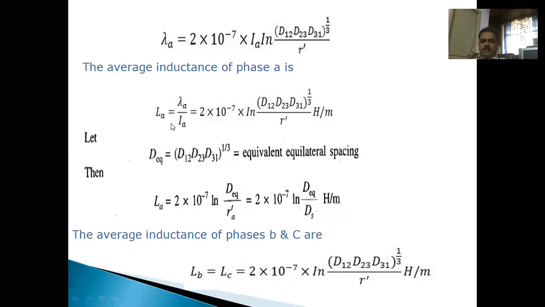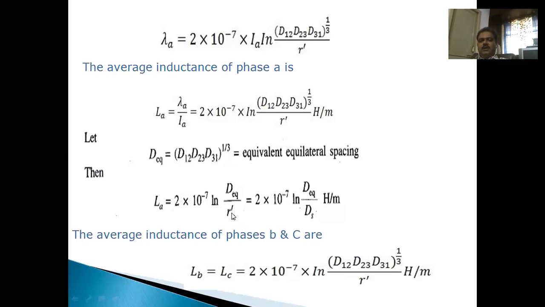So now is it clear? So inductance can be in simplified form. LA is equal to 2 into 10 to the power of minus 7 ln D equivalent by DS or RA dash. What is DS? Self GMD or RA dash, or this is GMR. So many textbooks refer to this terminology.